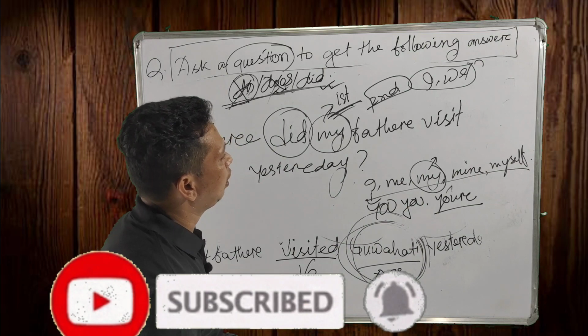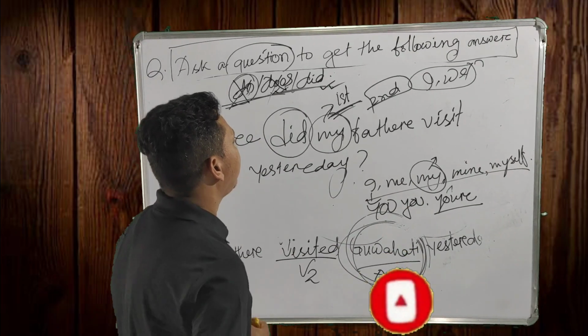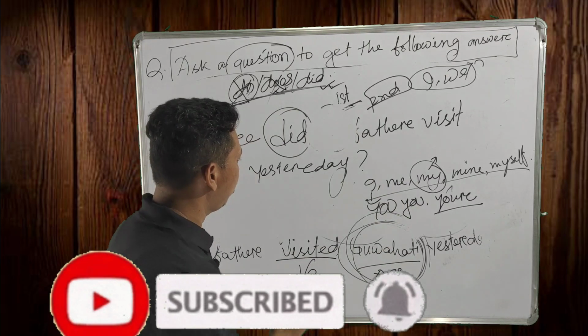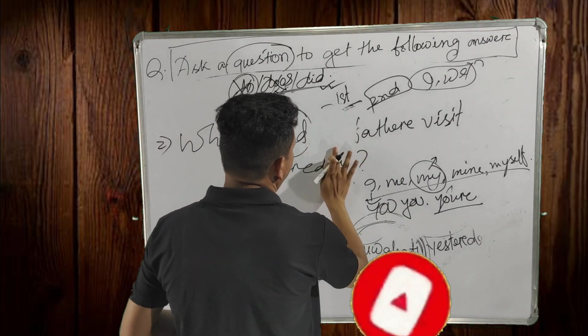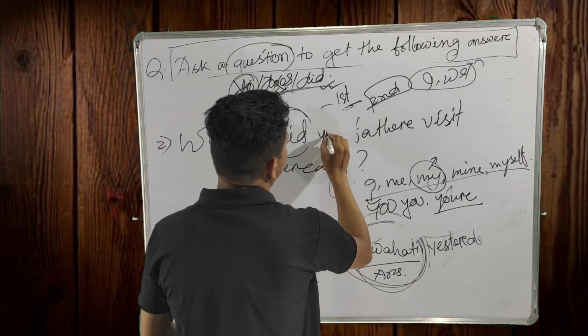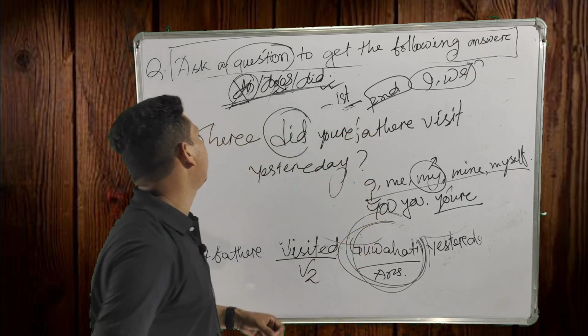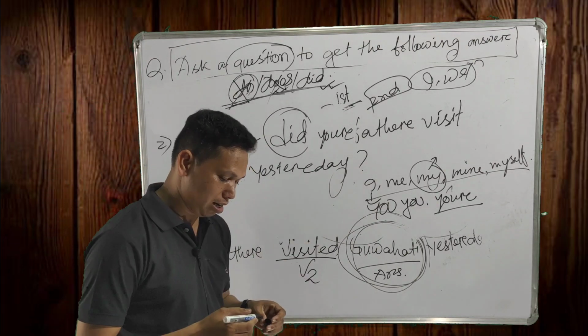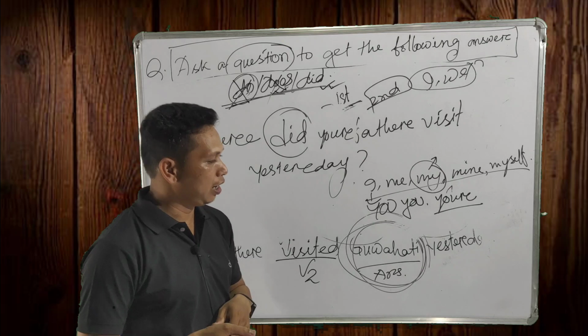That is why we'll change this my into your. Then the answer will come more conveniently. So we'll change to your father. So, where did your father visit yesterday? Now the answer is absolutely correct.